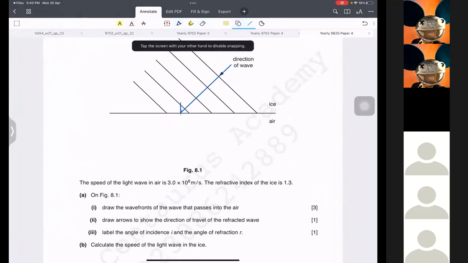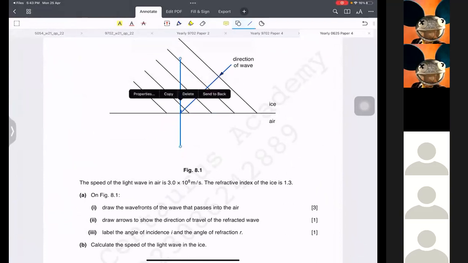If you don't know, a normal line is a line that is 90 degrees to the surface. So when you draw the normal line, you see ice is more dense than air, which means this wave is going to refract away from the normal. Well, it can't refract that much, but let's keep it like this.